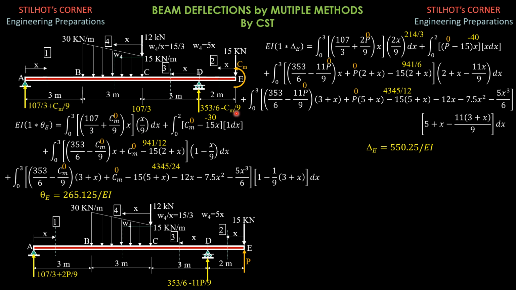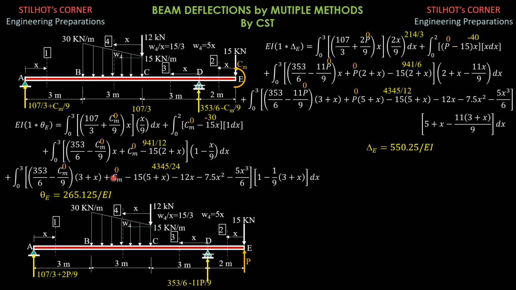Then the last section, section 4, we have integral from 0 to 3 of quantity 353 over 6 minus C sub m over 9 times moment arm 3 plus x, then plus C sub n minus 15 times 5 plus x minus 12x minus 7.5x squared minus 5 over 6 x cubed. The derivative of this moment equation with respect to C sub n is 1 minus 3 plus x over 9, times differential x.